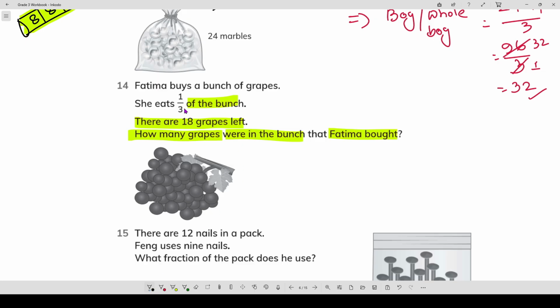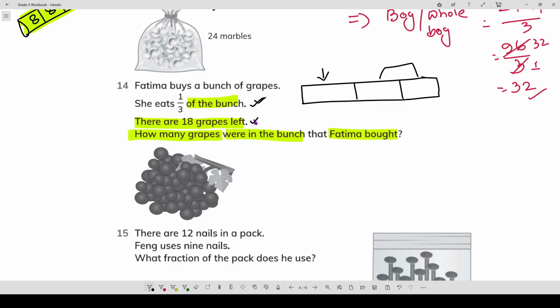Now she eats 1/3. Okay, 1/3 she already took. So let's consider this is the total thing. This one and this one. She took 1/3. It means this one she took, and this one is left.